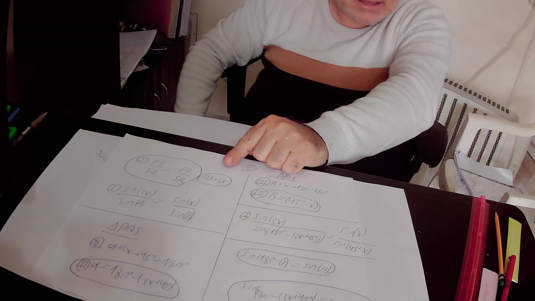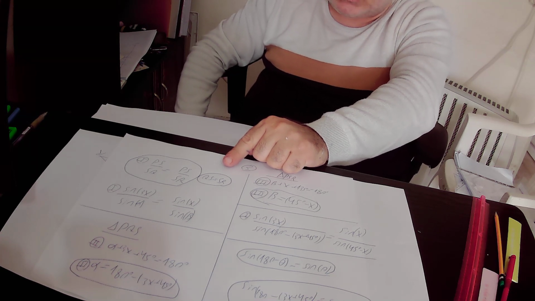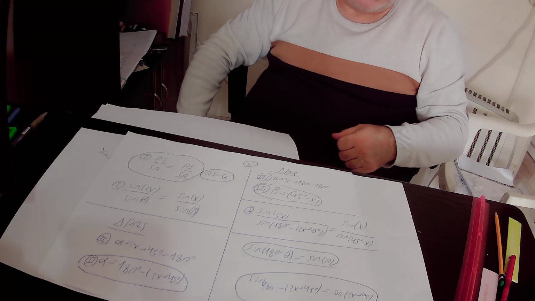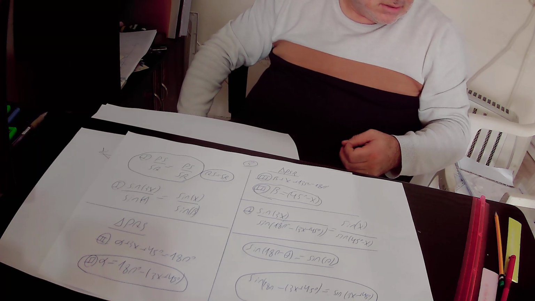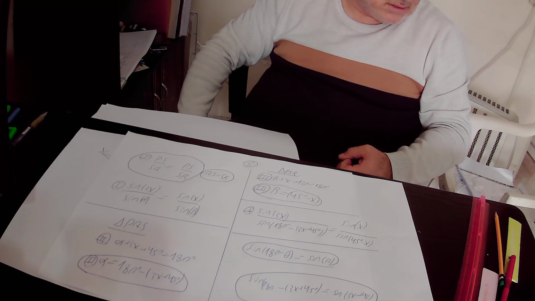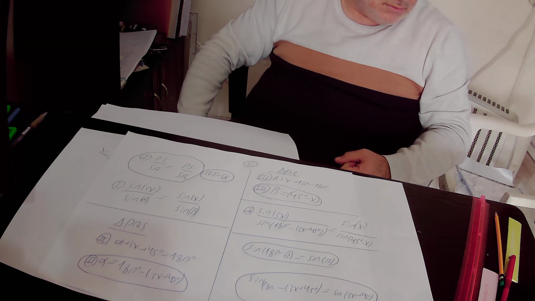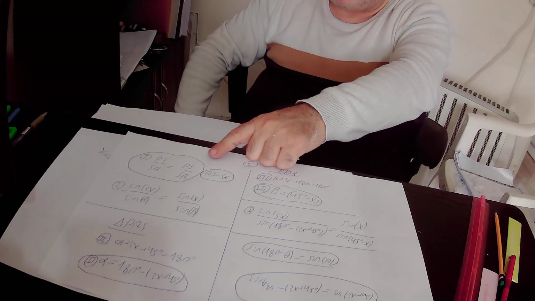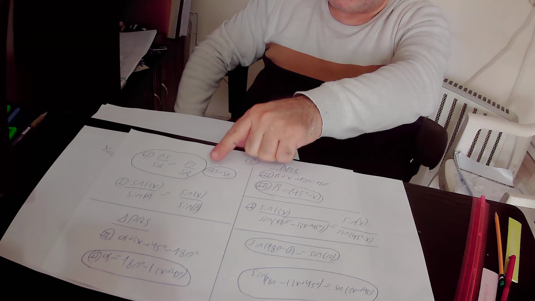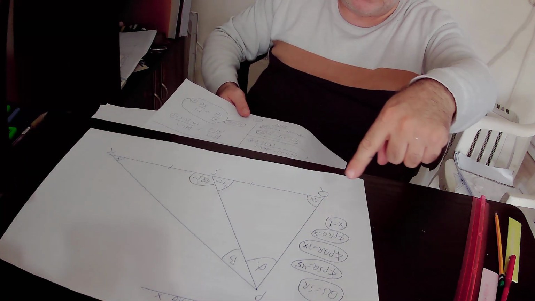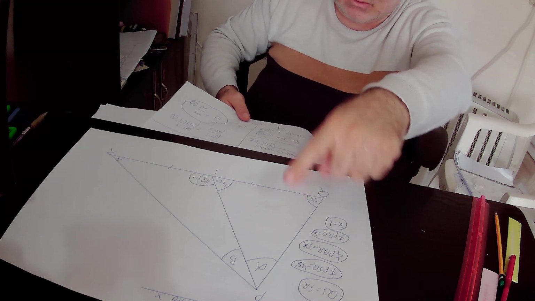Because it is given that QS equals SR. But according to what we concluded, that the ratio between the side lengths of any triangle equals the ratio between the opposite angles, if we focus on triangle PQS, then PS over SR will be equal to sine 3x over sine alpha.